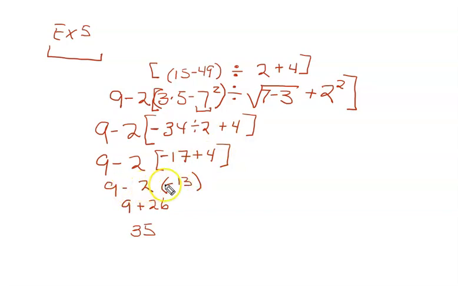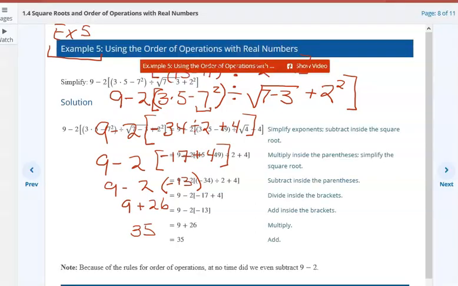Now a negative 2 times a negative 13 is a positive 26 plus 9 gives us 35. And if we look at what the Learn is offering here as we go back, we see we get a 35. And they do a nice job too, but I thought it'd be nice to see it laid out like this.